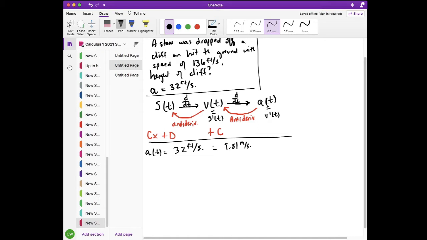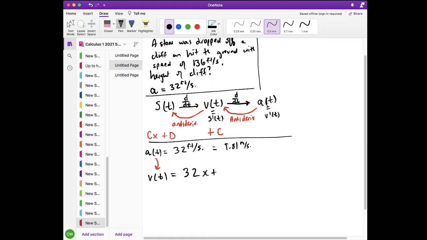So we know that the antiderivative of acceleration is velocity. So what is the antiderivative of 32 feet per second? You don't need units. Just what is the antiderivative of 32? Yeah, 32x plus c.